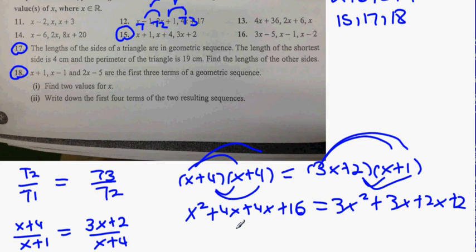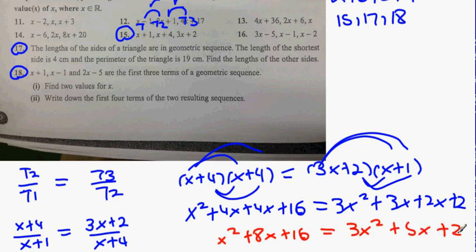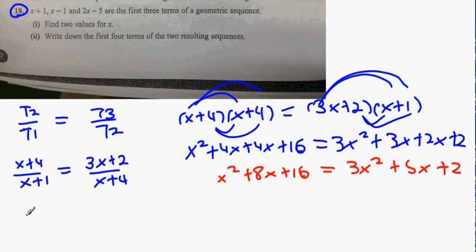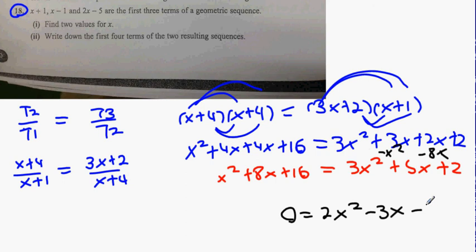Then we get x squared plus 8x plus 16 and 3x squared plus 5x plus 2, and let's see what we can cancel. We have minus x squared, so it's going to be 0 equals 2x squared. Then we have 5x minus 8x, which is minus 3x. Then we have 2 minus 16, which is minus 14.